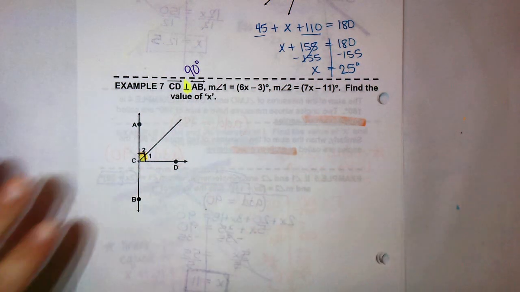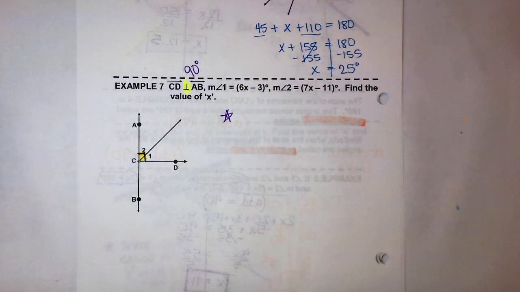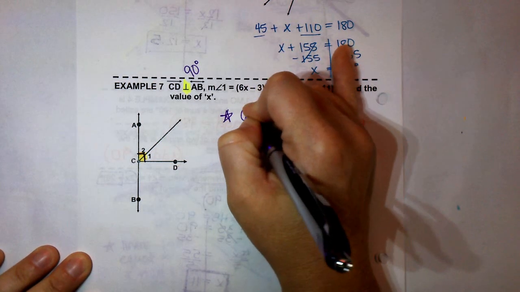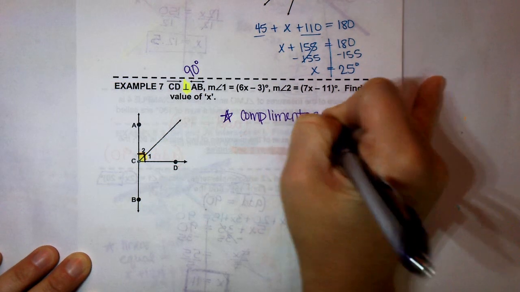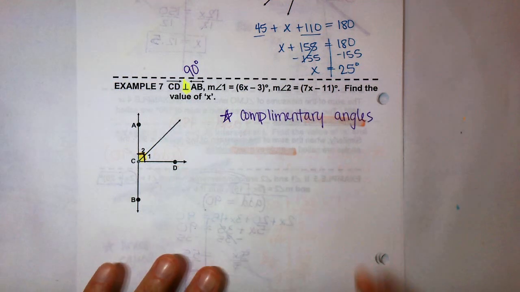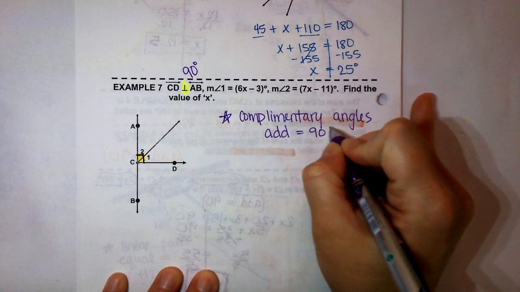So what kind of angles are they? Remember, you have vertical, linear, supplementary, complementary. 90 was complementary. So these are complementary angles. Complementary angles say we add and equal 90.